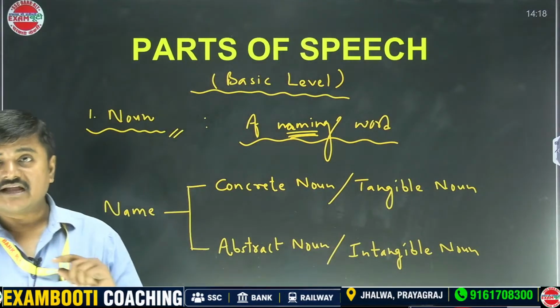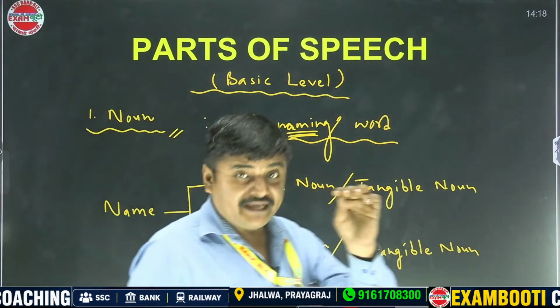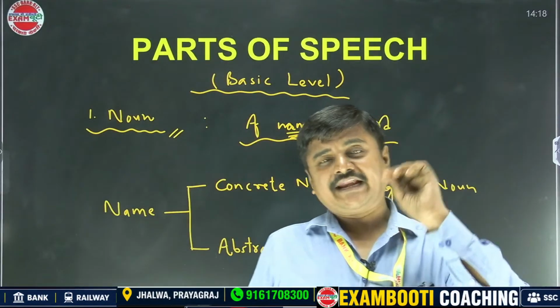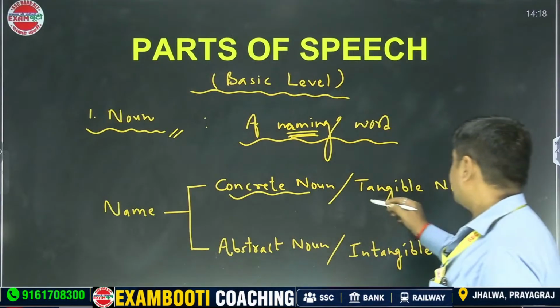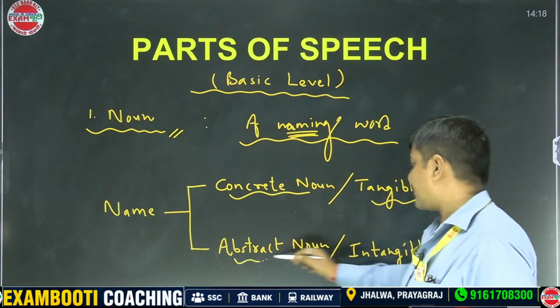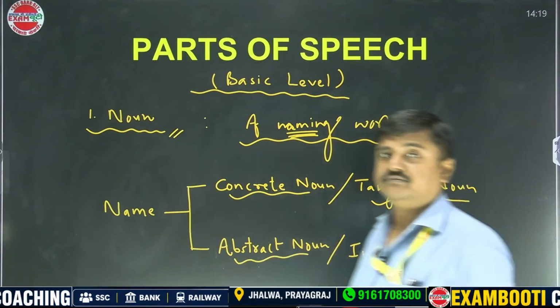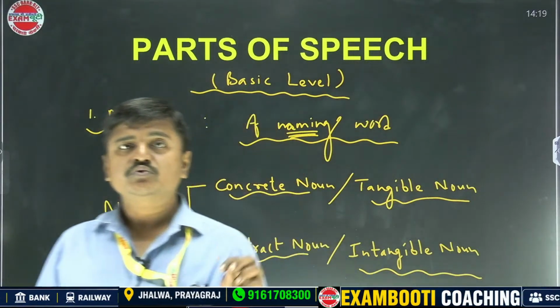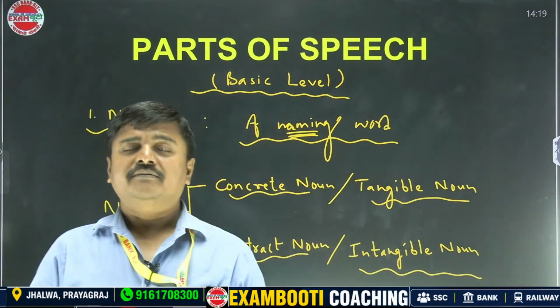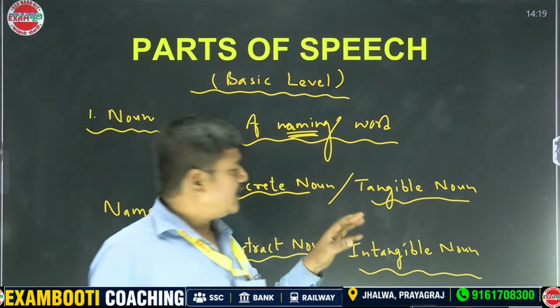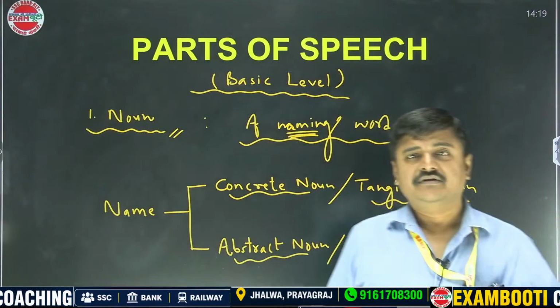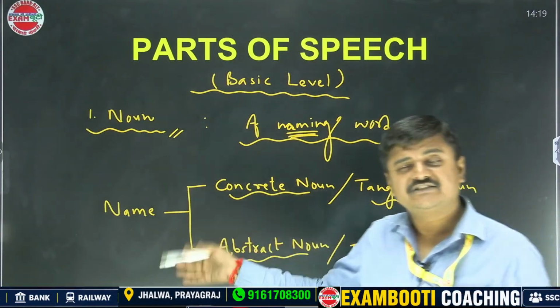Nouns are categorized into two major, widely spoken categories, and the categories are concrete noun or tangible noun, and abstract noun or intangible noun. These are the two major classifications of noun. All the nouns fall in these two categories.